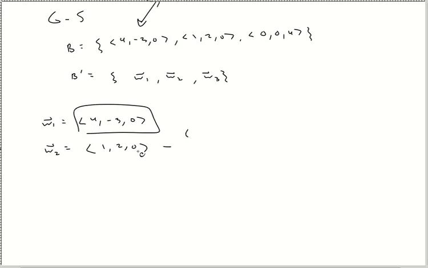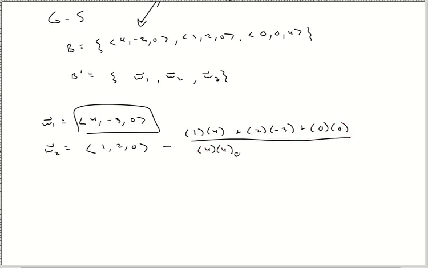So my dot product with this and this: 1 times 4 plus 2 times negative 3 plus 0 times 0. Then divide that by the magnitude of W1 with W1, so you just repeat it twice. And then multiply that by W1, which is my 4, negative 3, 0.